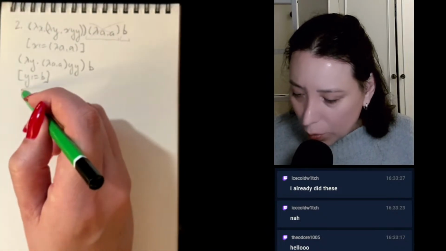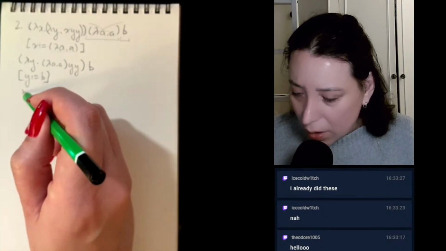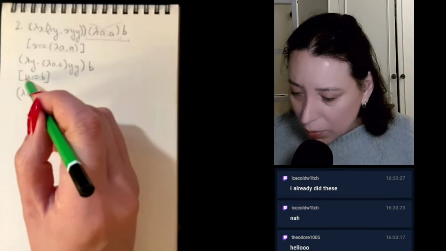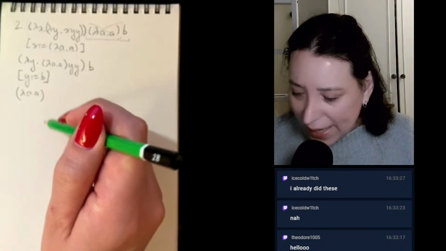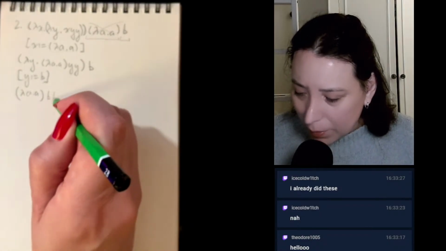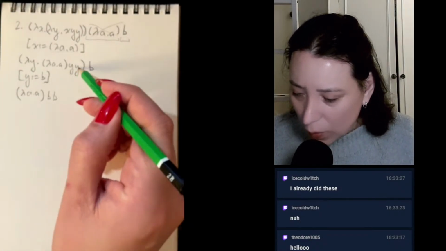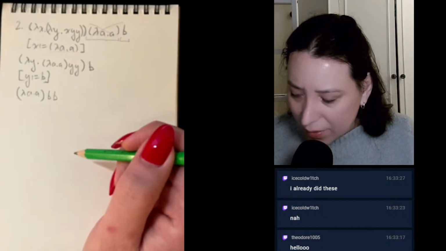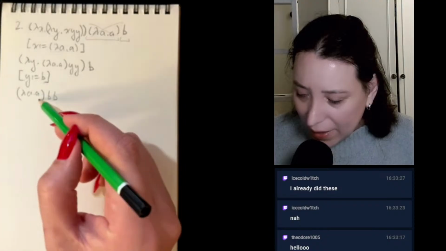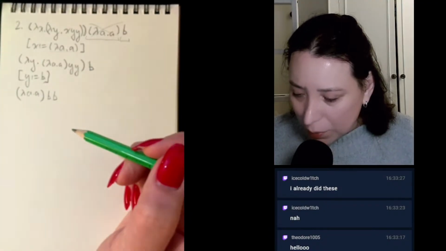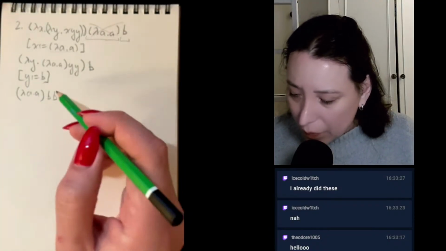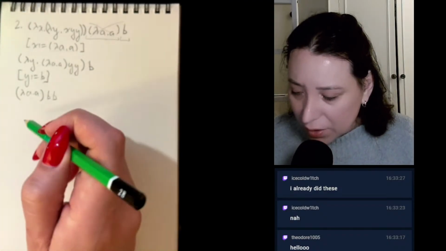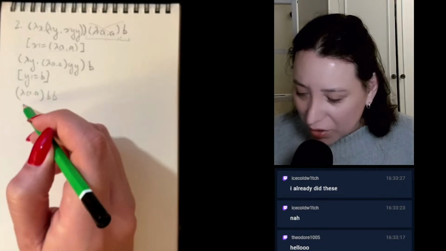And we end up with the identity function. We're just looking for y's here now, 2 y's. So then we end up with bb, because this y turns into a b, this y turns into a b, and we drop that. And so now we have the identity function and 2 parameters. So we're going to apply the identity function to this b.